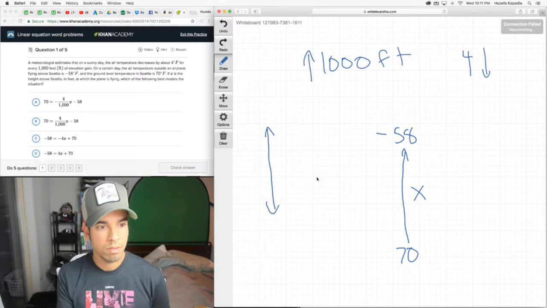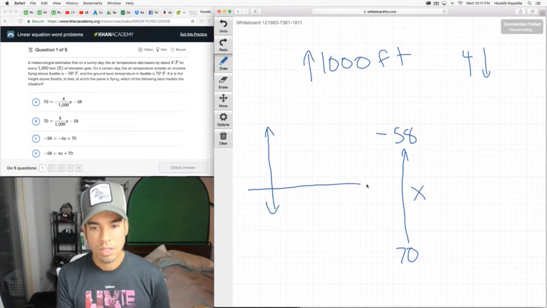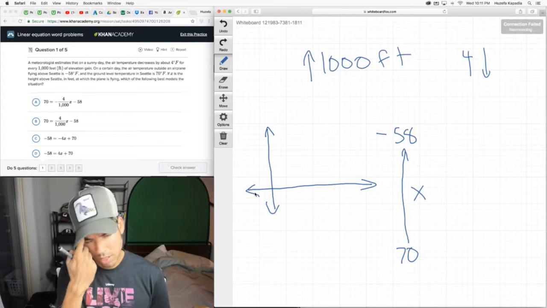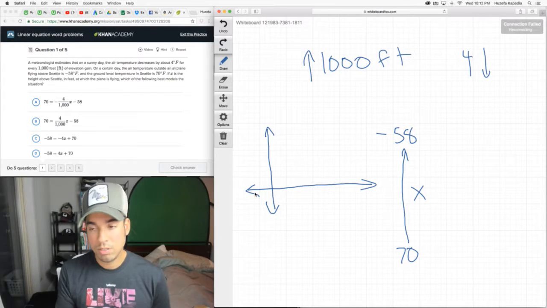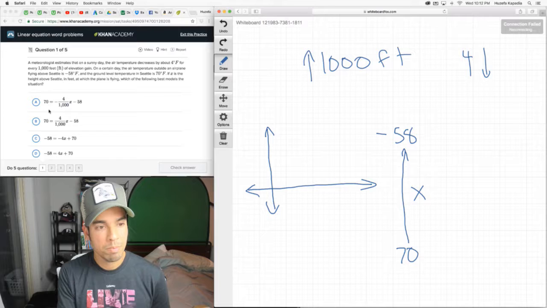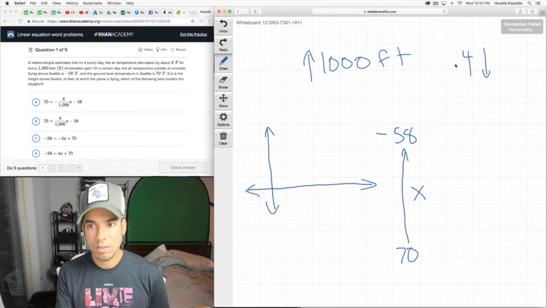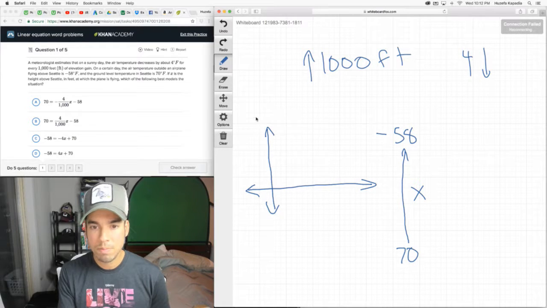I'm just going to make this up here. You could do it either way, but it looks like in some of these examples they're using the temperature as the y value. So let's say temperature, and let's say elevation.